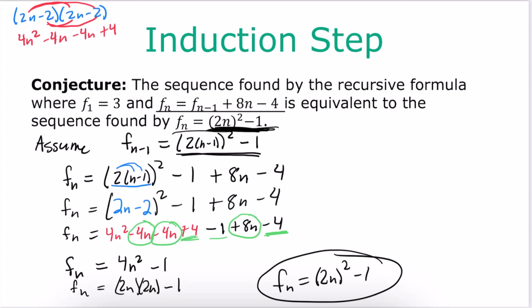And since you've proven that the assumption that the n minus 1th term follows this pattern implies that the recursive formula, when you simplify it, equals the explicit formula, this tells us that these two formulas are equal to each other regardless of what n is.